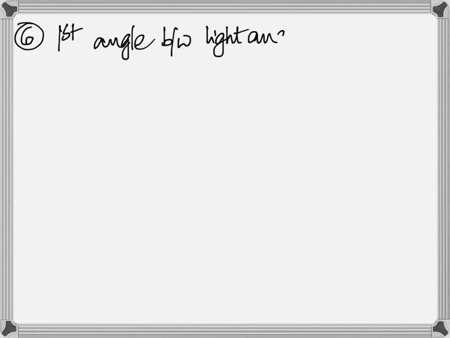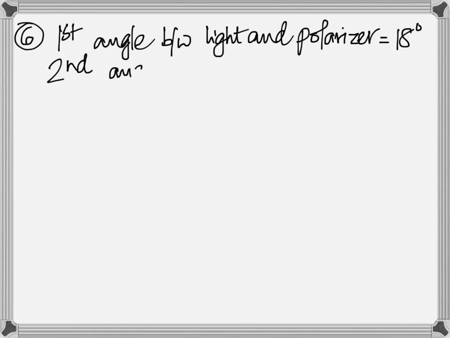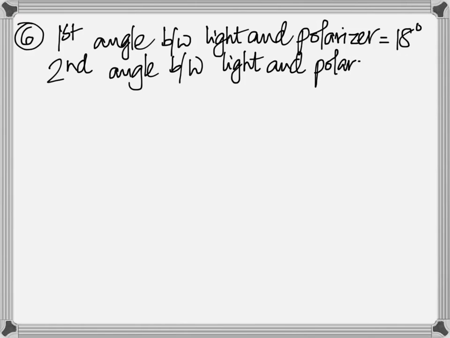In the sixth question, the two polarizers are oriented at 36 degrees. First angle, because light is polarized at 18 degrees, so the first angle between light and the first polarizer is 18 degrees, but the angle between polarized light and the second polarizer is 36 degrees.